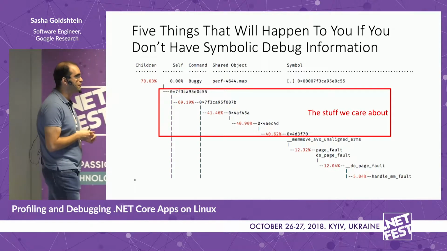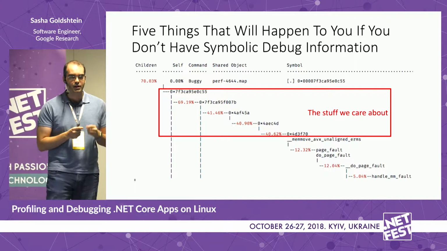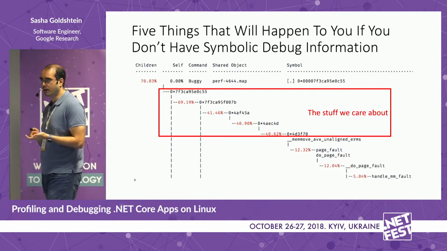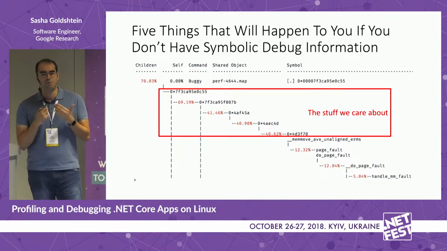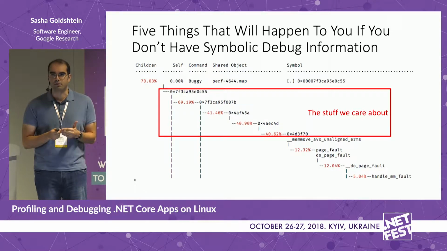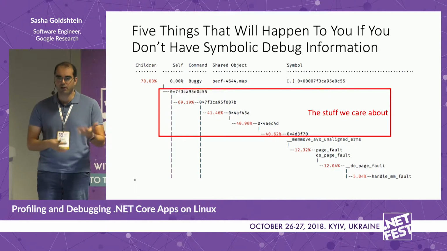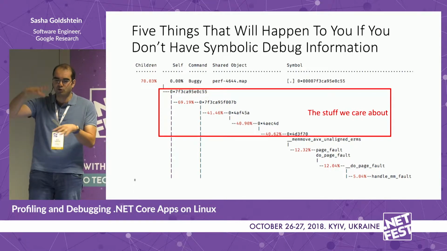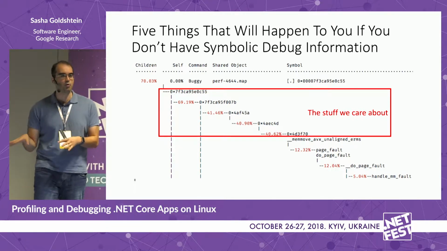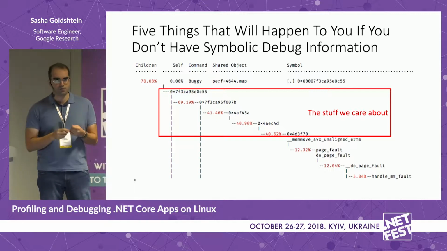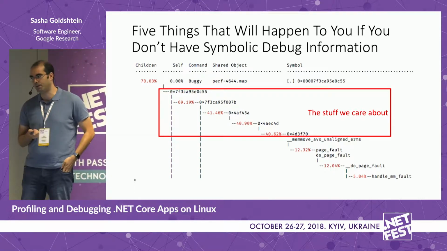This is actually the stuff we care about. These are the functions in our application, but they will be showing up as just code addresses. Now, you might be familiar with this problem from Windows as well, but on Windows, a lot of tools just work around it. They can download stuff automatically to make this go away. And on Linux, you have to understand a little more about what's happening.